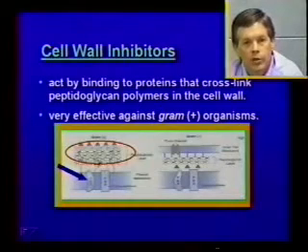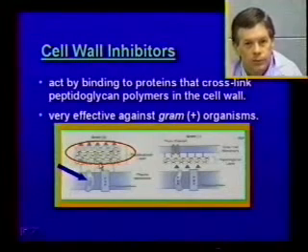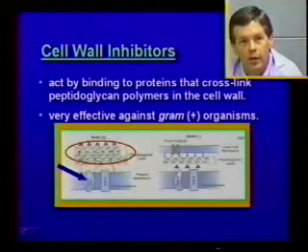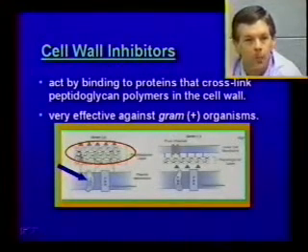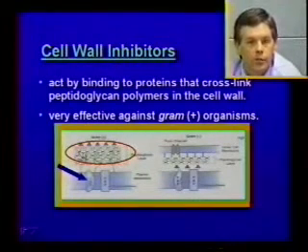When they bind to these proteins, the cell wall cannot be formed and repaired adequately, and that leads to the death of these microorganisms. Now, that's true for gram-positive cells, which tend to generally have a very thick cell wall and rely very heavily on that mechanism for maintaining the integrity of the organism.